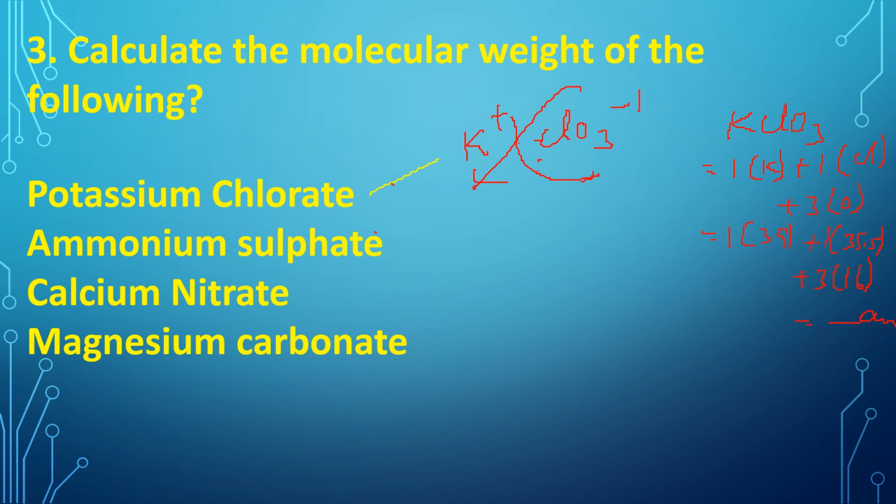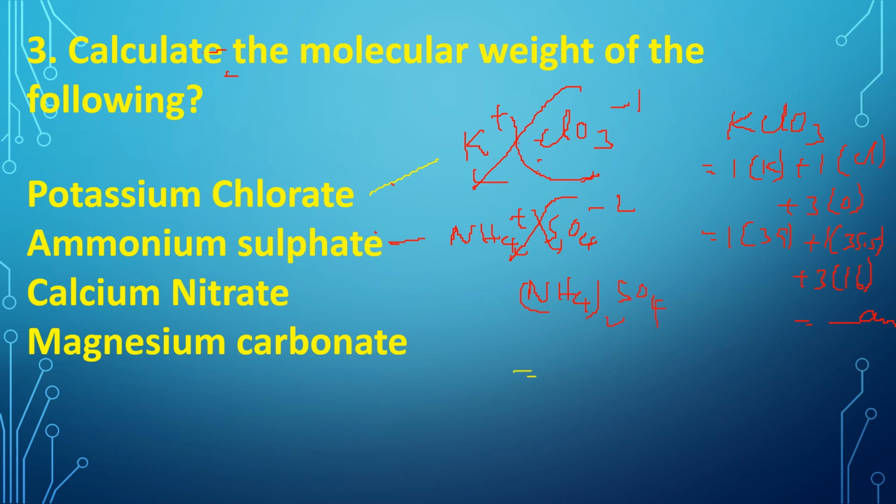Next, ammonium sulfate. You have to write here ammonium, NH4 plus, then sulfate is SO4 minus 2. Use the crisscross method. The formula is NH4 taken twice, SO4.